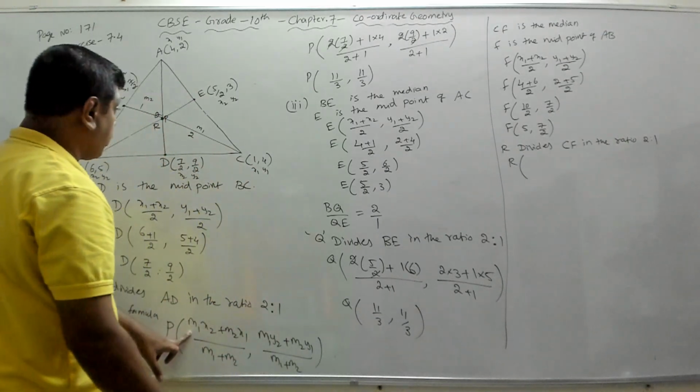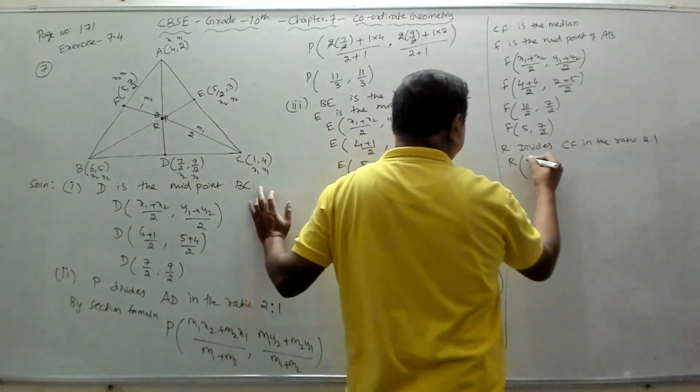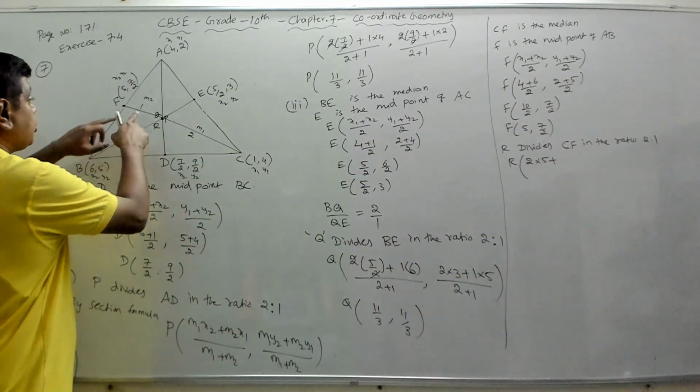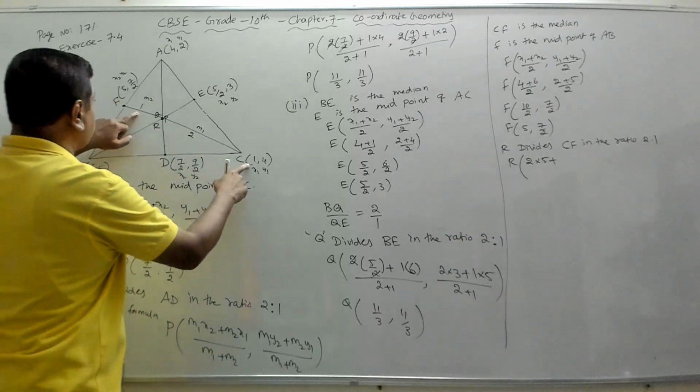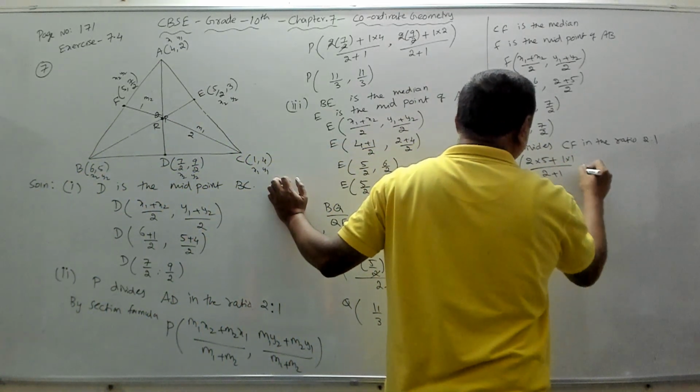We'll apply this. M1 is 2 into x2, x2 is 5, so 2 into 5, plus M2 is 1 into x1, x1 is 1, so 1 into 1, by M1 plus M2, 2 plus 1.